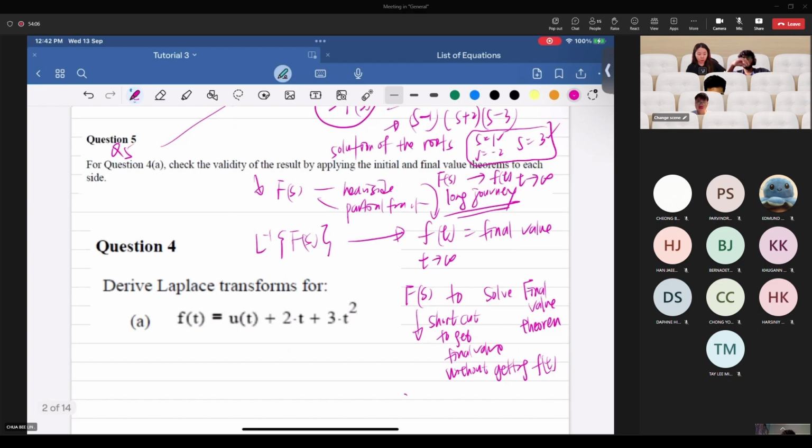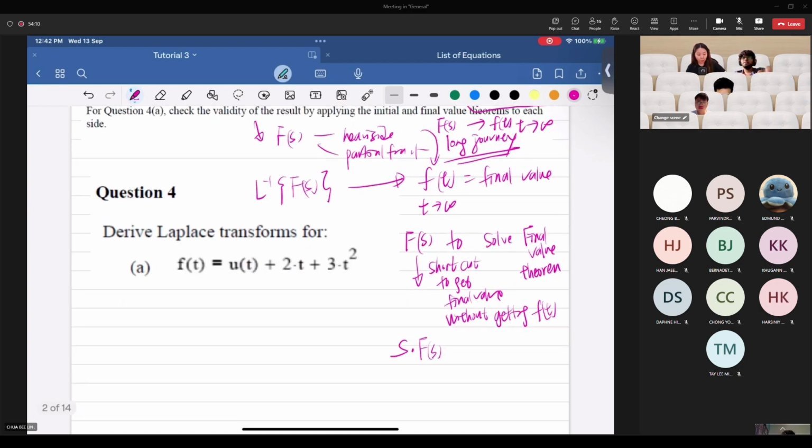You can just multiply s with F(s) and sub s goes to 0. Then this is the final value already. So it is a shortcut.